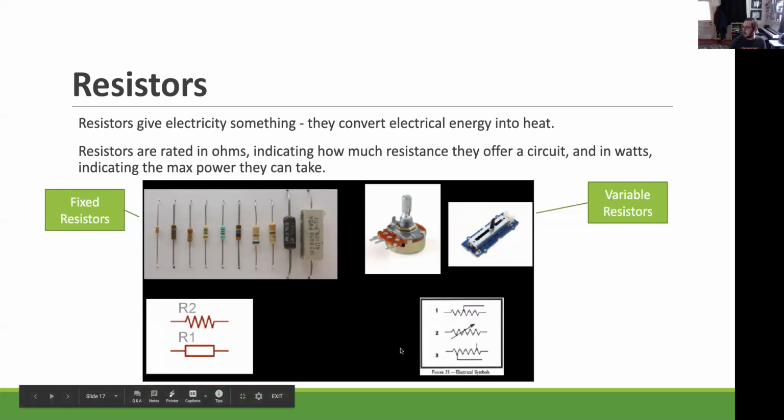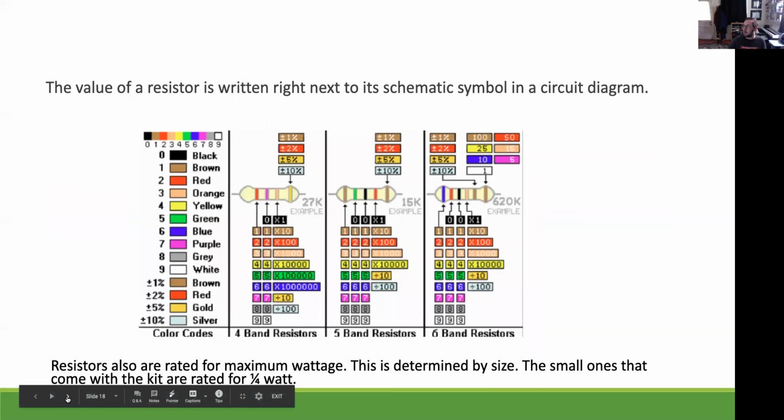These are some of the diagrams used to represent them in electrical diagrams. We'll get into more of that later. As I mentioned, the resistors are differentiated by the color bands on them. This is just a diagram for telling them apart. They're rated for a maximum wattage by their size.